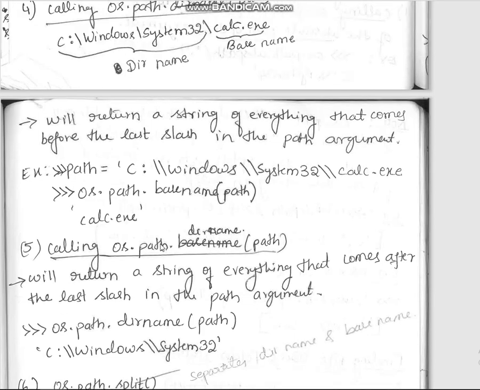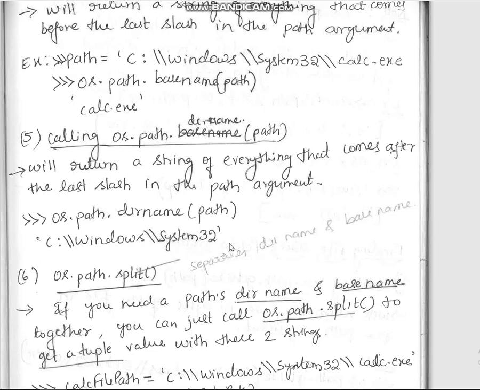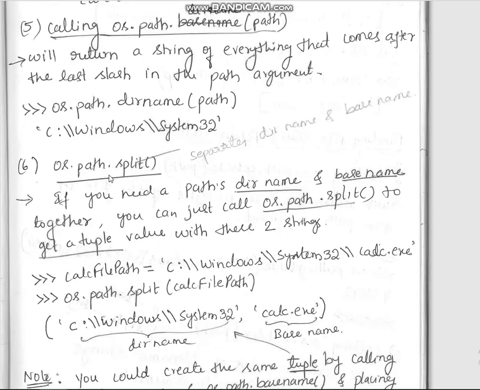Now calling os.path.dirname of path, as I said, it will return the directory name, the entire directory name that we saw here. So this is the directory name. Now os.path.split. If we want to get the path's directory name and base name together, we can just call os.path.split to get a tuple value with those two strings.